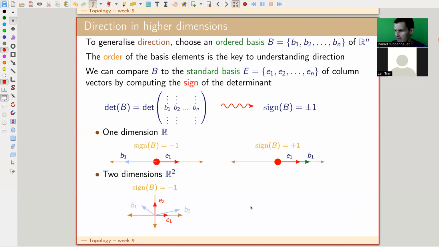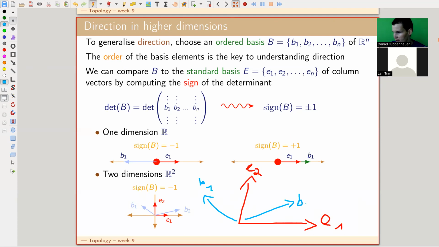In two dimensions, the same happens. So our standard basis, I make another picture next to here. Our standard basis is this one, just the usual X and Y coordinates. And our B basis could be, for example, here, B1 and B2. And you see they are oriented in a different way, in the sense that here I go from E1 to E2 in the anti-clockwise direction in the fastest way.